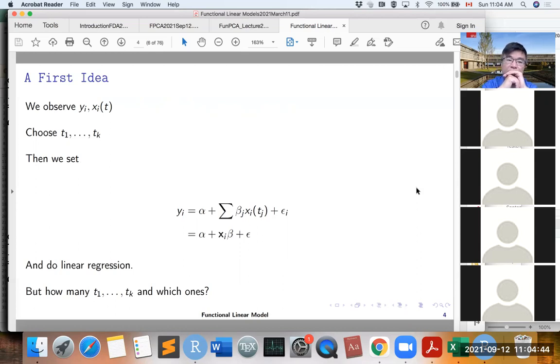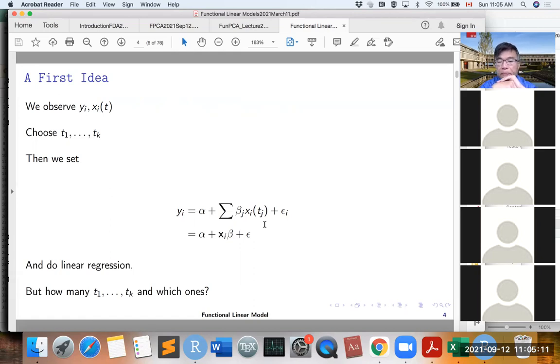The value of xi at time tj will be the jth covariate. We have a long vector of covariates, and we can do a linear regression of yi on the covariates xi(tj).